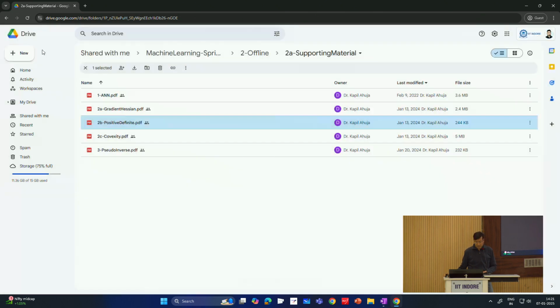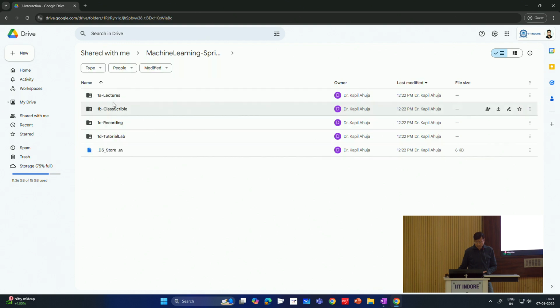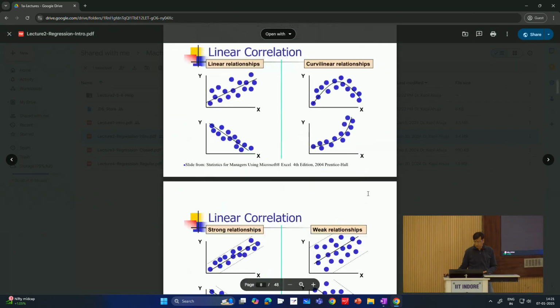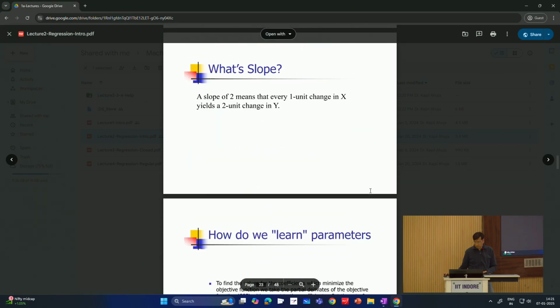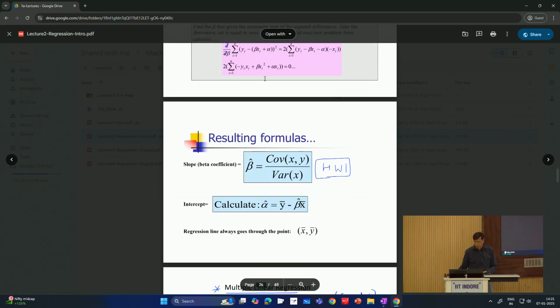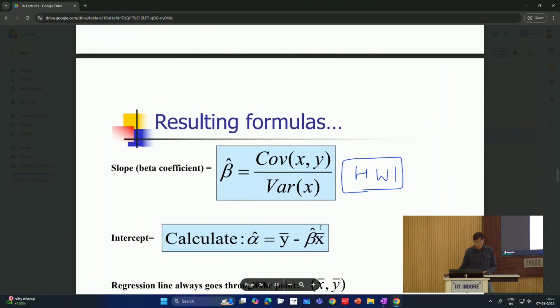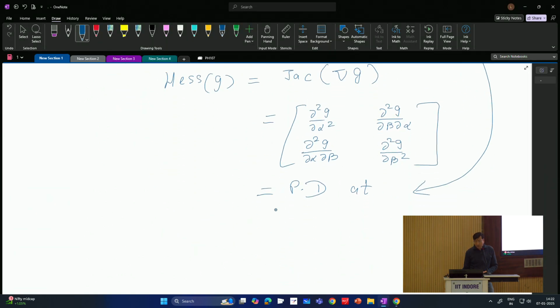Okay. So having said that, I'll go back to our lectures again. In this case, this Hessian will turn out to be positive definite.